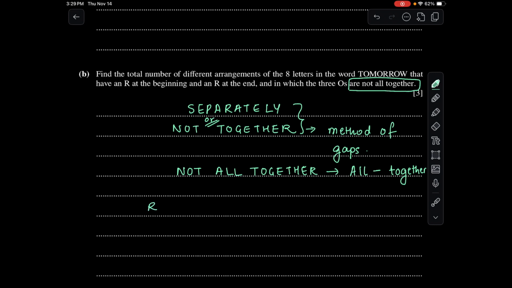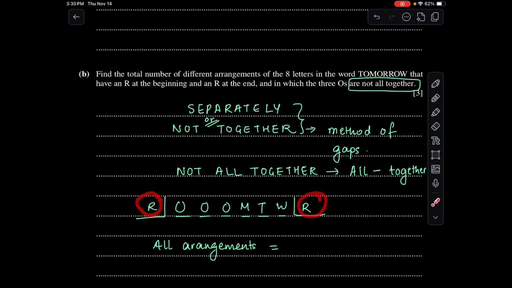So we have T at the beginning and R at the end. There are 8 letters, so in between we will have 6 positions: 1, 2, 3, 4, 5, 6. That means we have the O's and we have M, R, W. All arrangements would be, you see how many things you need to arrange.